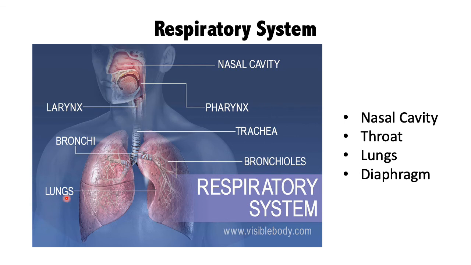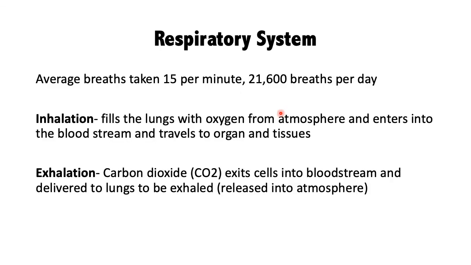The respiratory system also includes the lungs and the diaphragm, which is a muscle right underneath it, which helps us breathe, take in air and exhale as well. A person on average takes about 15 breaths per minute, or 21,600 breaths per day. Of course, it depends on whether you're doing exercise or not, but this is at rest.